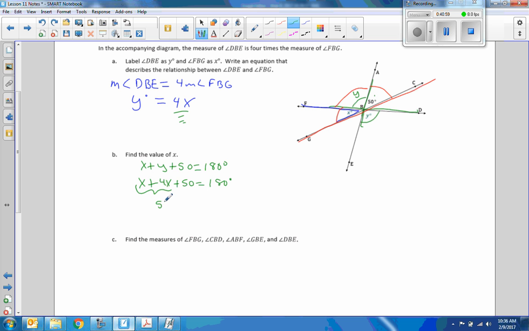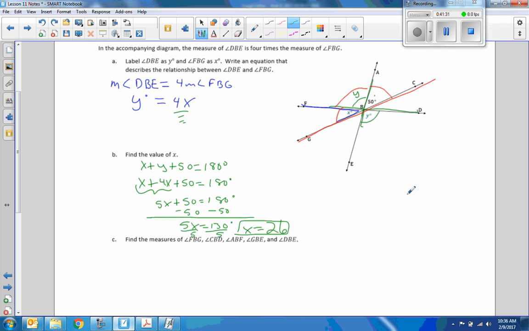Combine like terms, and then subtract 50 from both sides, and I get 5x equals 130 degrees. Divide by 5, divide by 5. 5 goes into 13 two times with a remainder of 3, 5 goes into 30 six times, so x is 26, and that's what it asked for, and we are done with this portion.